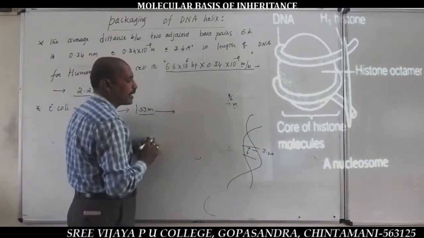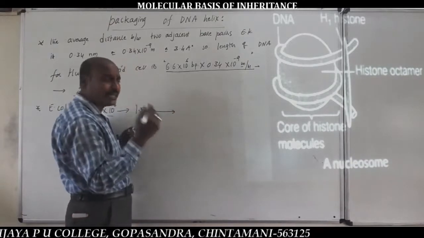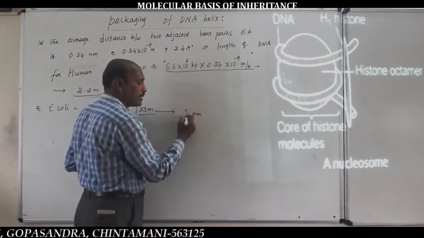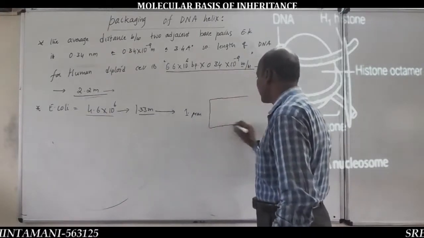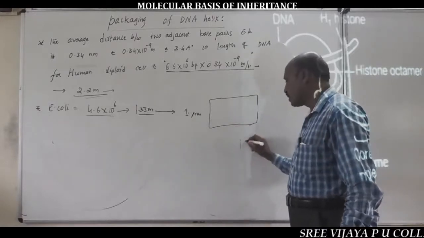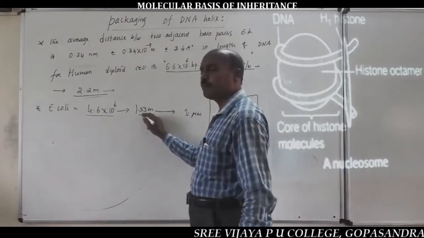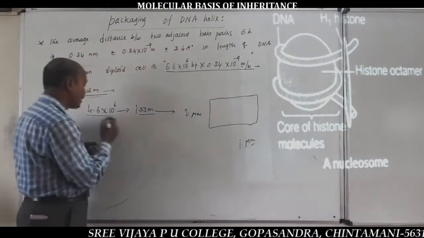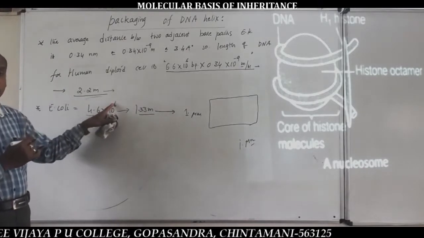It is more than the area of the bacterial cell, which is approximately 1 micron in diameter. So you should remember, in the Escherichia coli bacteria, the dimension of the cell is 1 micron, but the length of the DNA is 1.33 meters, because the DNA contains 4.6 into 10 to the power of 6 nitrogen base pairs.